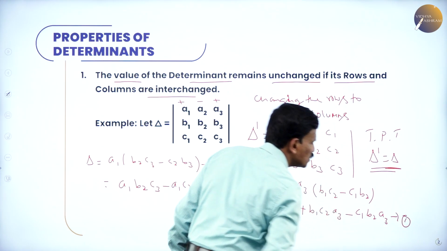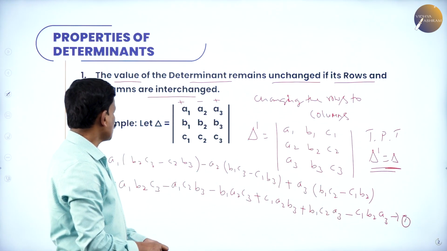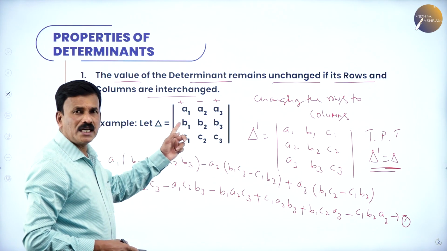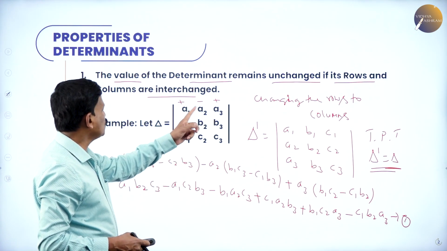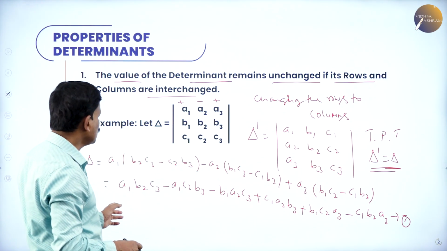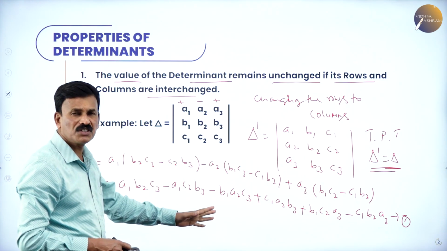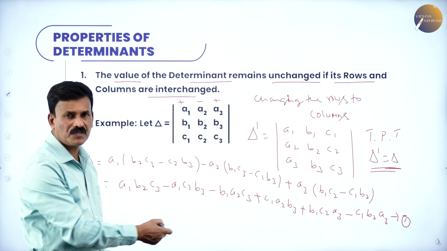Let us represent this as equation number 1. So the first one is the expansion of delta, and this is the value of delta.